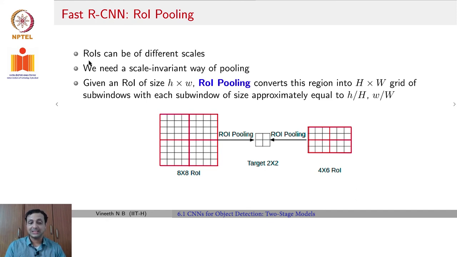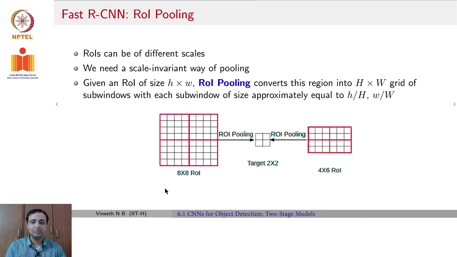The ROIs can be of different scales, so we need a scale invariant way of pooling. So what ROI pooling does is, given any region which is, say, of size small h cross w, it converts it into a region of capital H cross capital W grid of sub windows, with each sub window of size h by capital H and w by capital W.